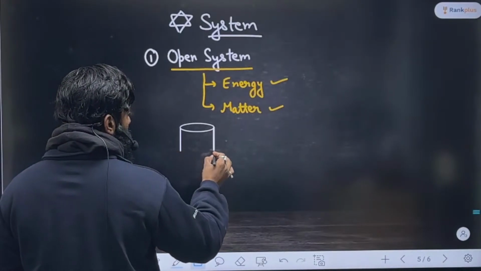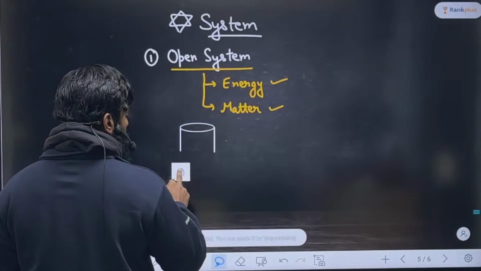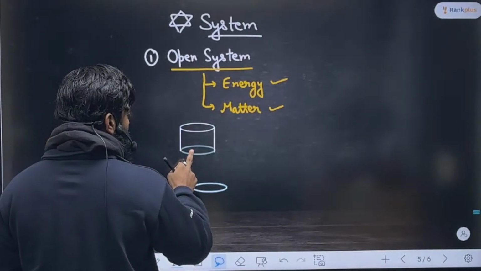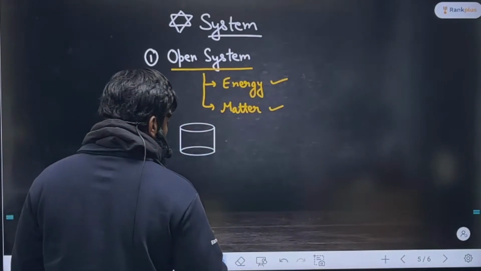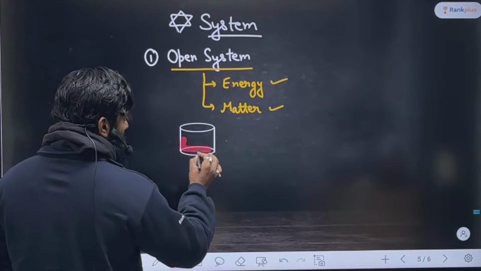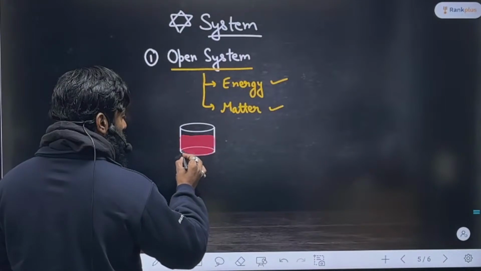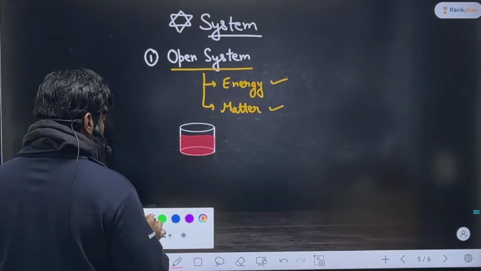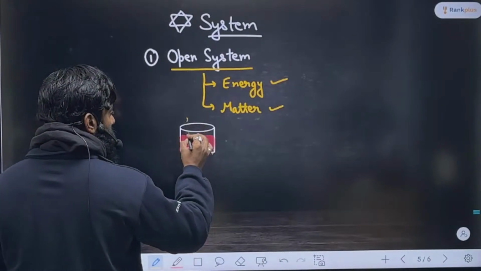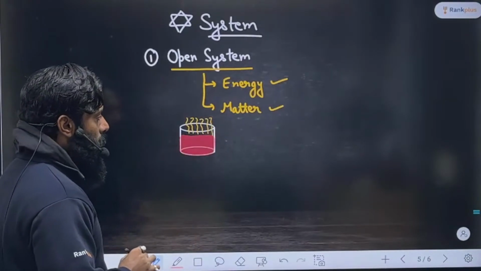Consider a teacup. I'm considering a red tea, like the red chandan of the Pushpa movie. This tea is open from the end.